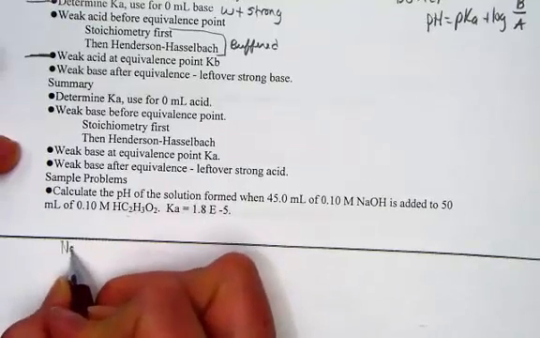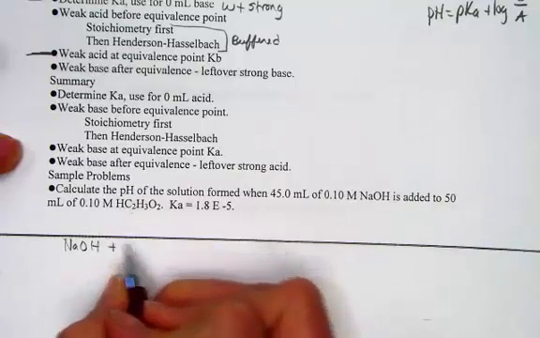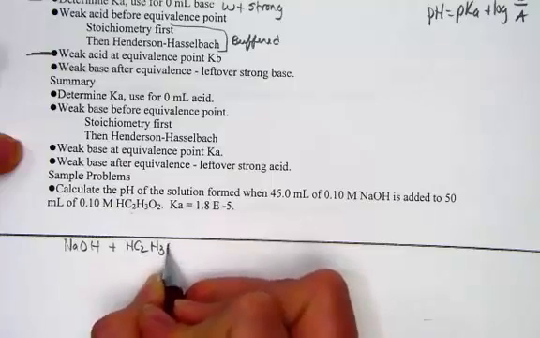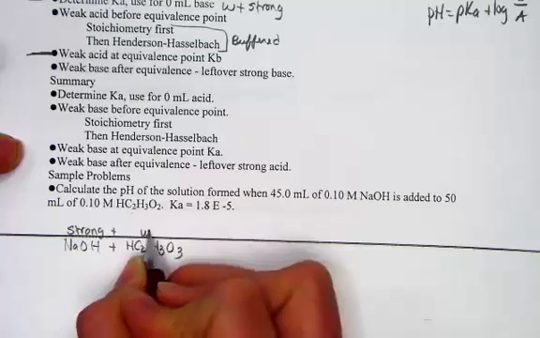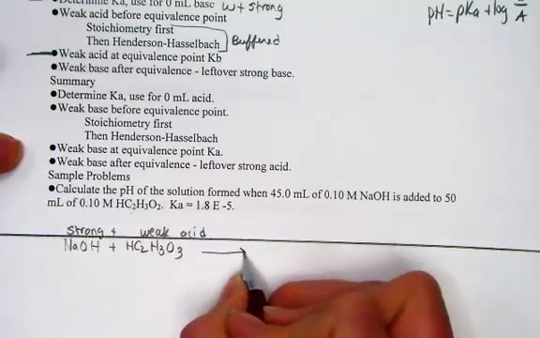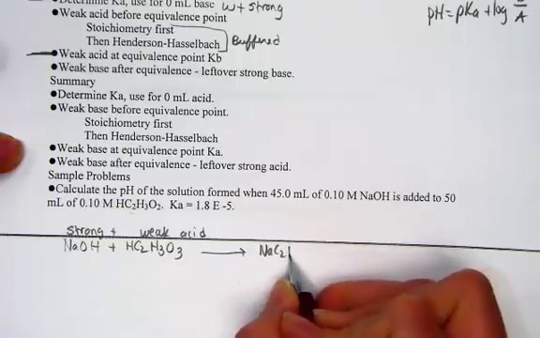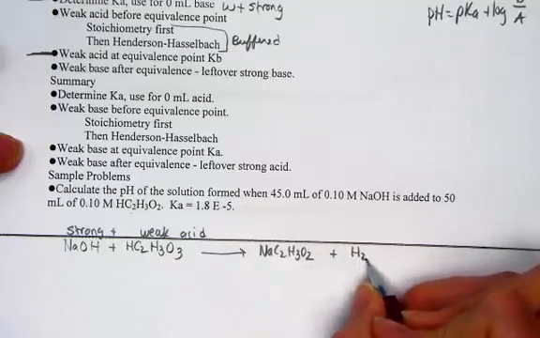So let's begin by getting a handle on the chemistry. NaOH is the strong base, being added to acetic acid, a weak acid. Strong base plus weak acid. On the product side, we form the conjugate base, sodium acetate and water.